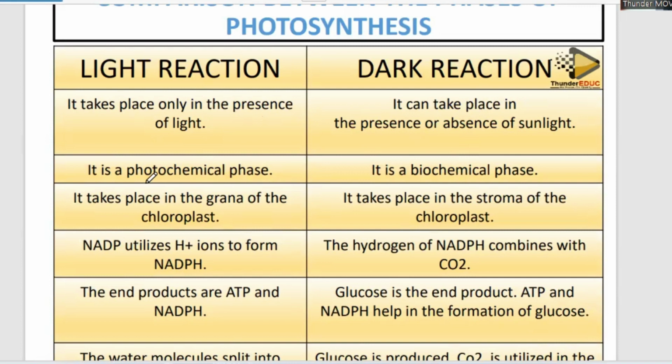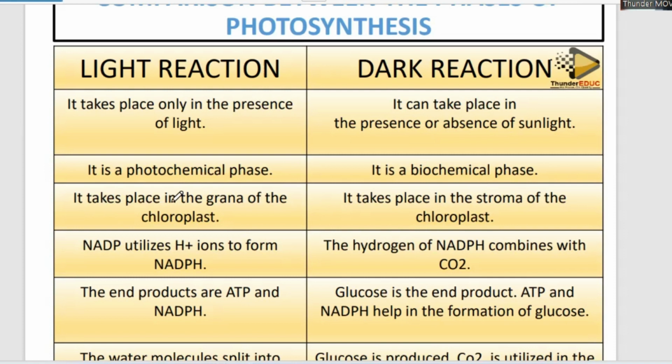The light phase is a photochemical phase. It means it is a process that requires light, facilitated by the light. While the dark phase is biochemical, so these are biological chemical reactions which are happening.